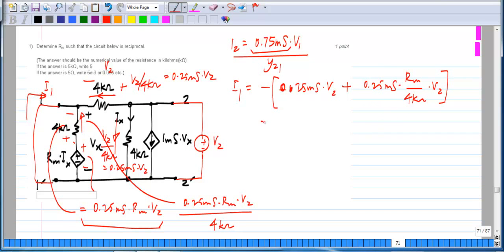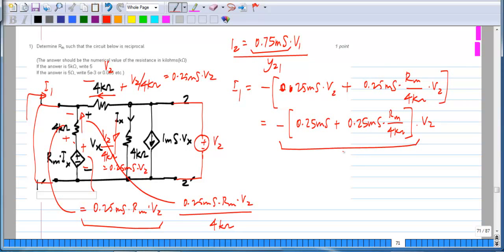Okay, which is basically, so this is y12.